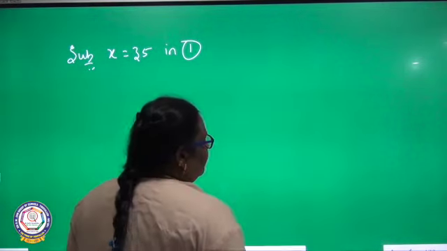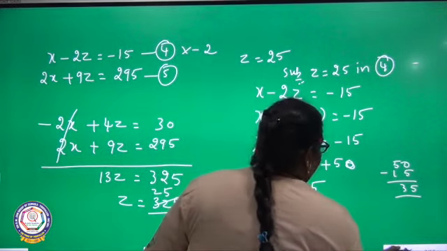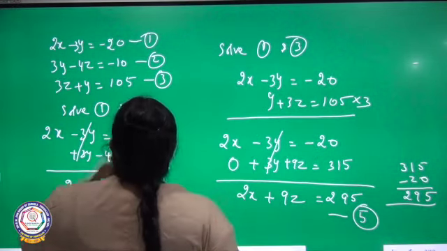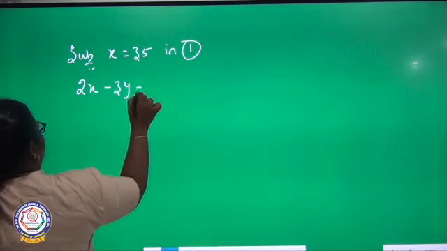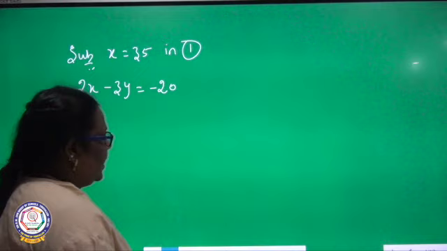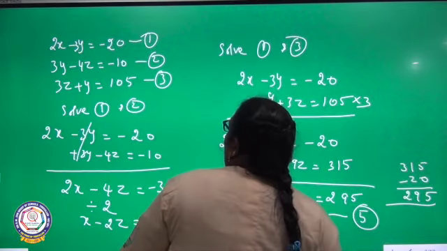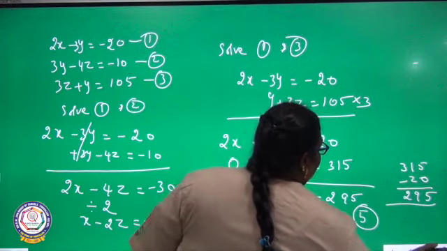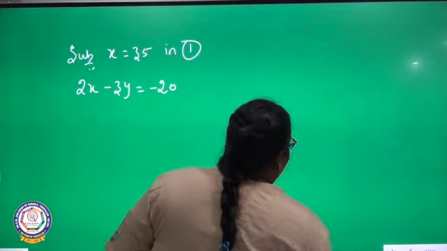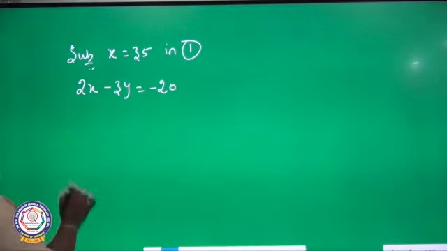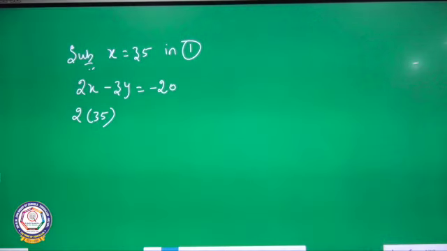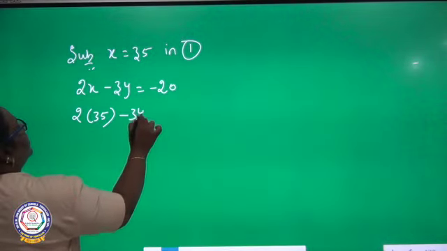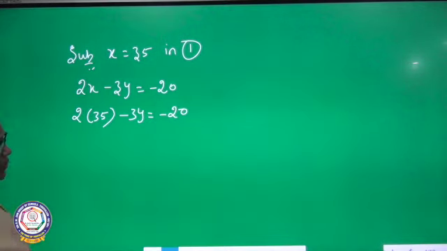Substitute x equal to 35 in the first equation, 2x minus 3y equal to minus 20. Instead of x, substitute 35: 2 into 35 minus 3y equal to minus 20.